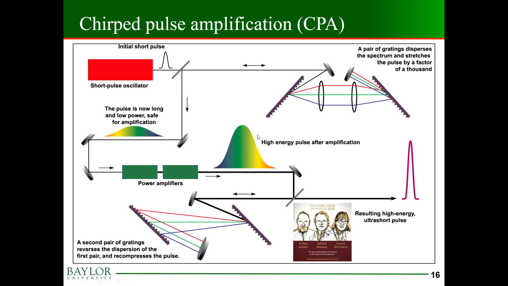This is a little bit exaggerated, since in the real case the power is really high. So you broaden it, amplify it, and then narrow it, and it becomes a very high power pulse.